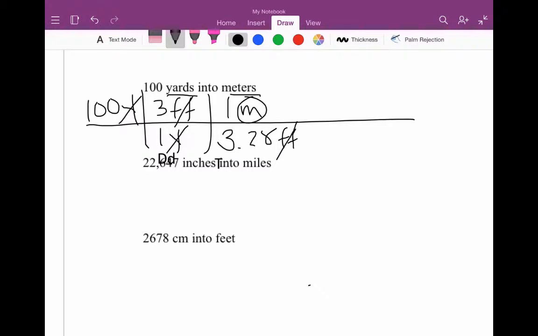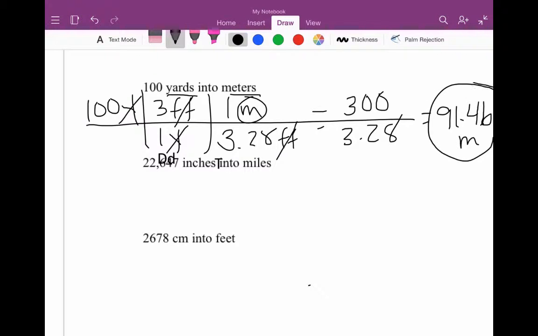We're left with meters, our desired unit. To type this into the calculator, we have 100 times 3 times 1, which equals 300, divided by 3.28. 300 divided by 3.28 equals 91.46, and our unit is meters.